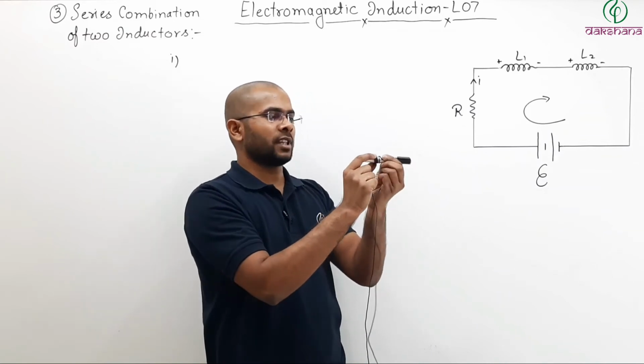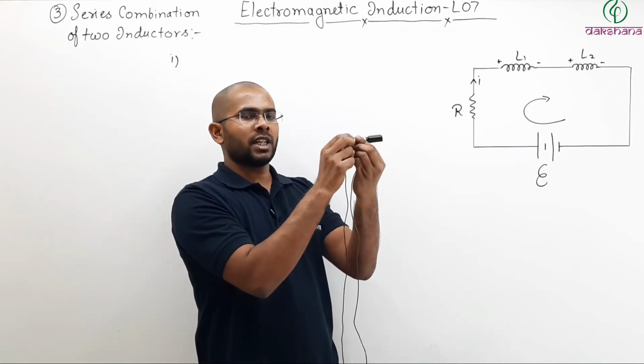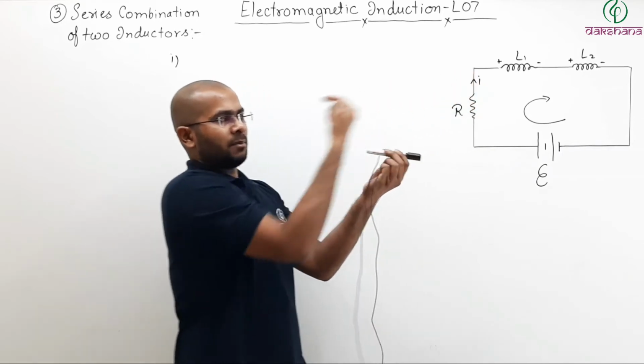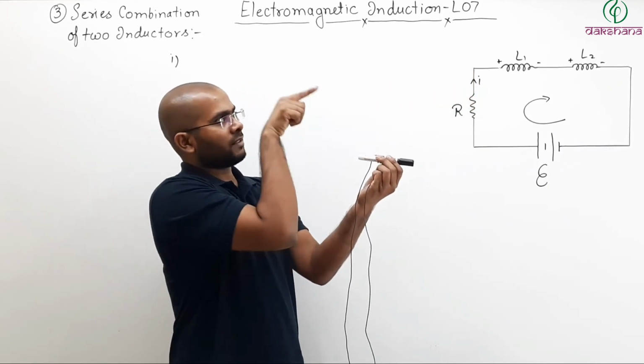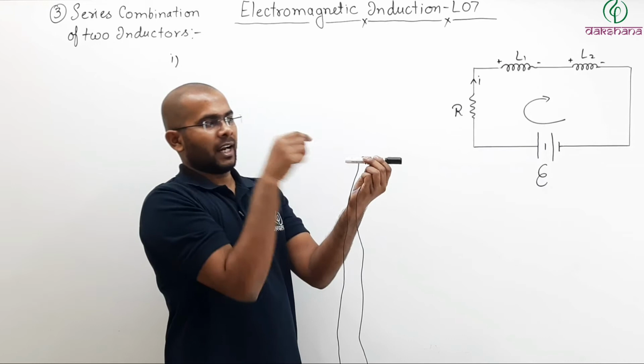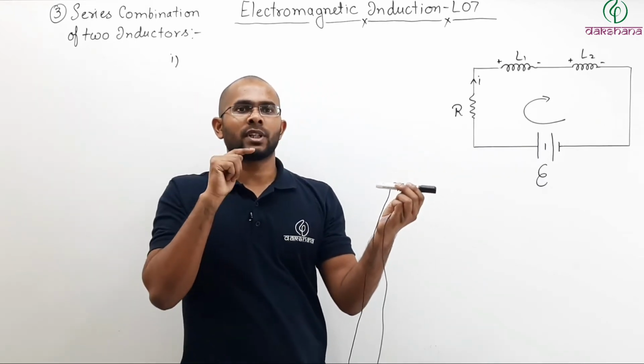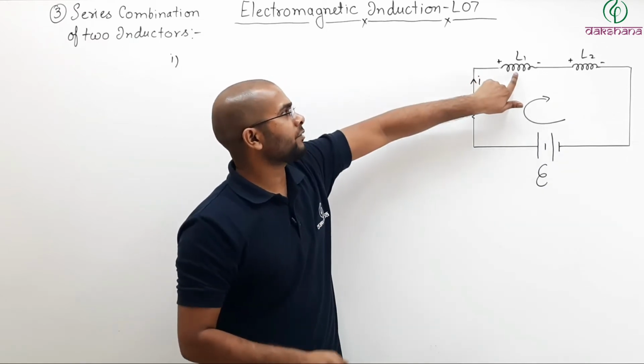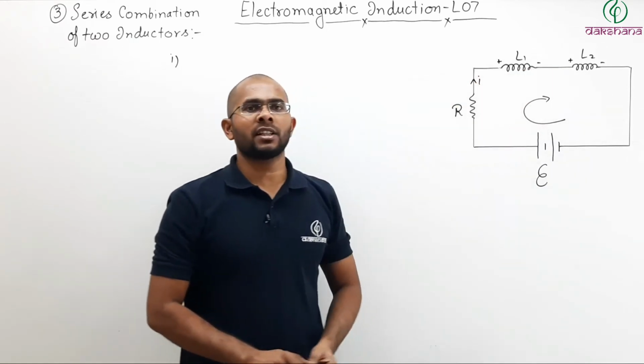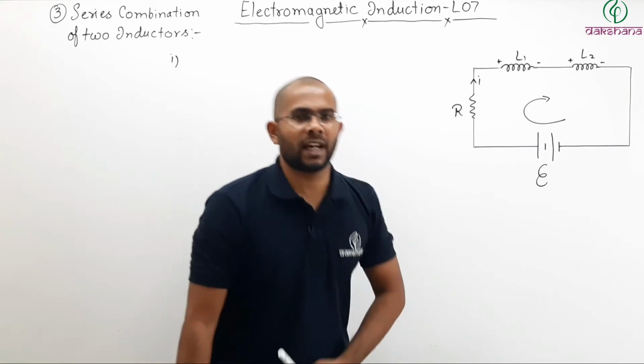You can try it yourself at home. Initially the current will come clockwise, and after I have reversed the direction, current will go anti-clockwise. So that's how the magnetic fields produced by these two inductors will be in opposite direction.